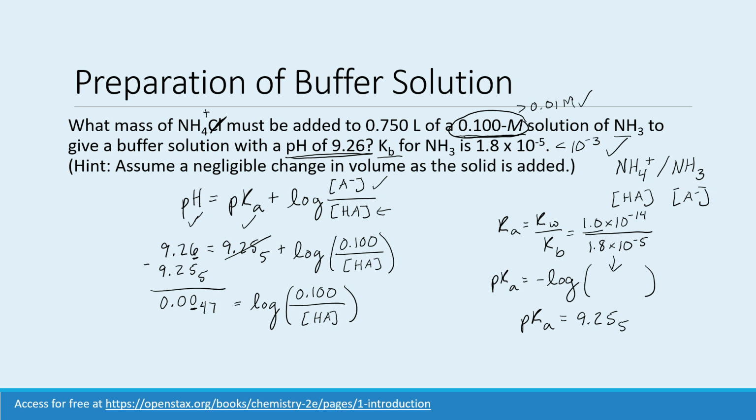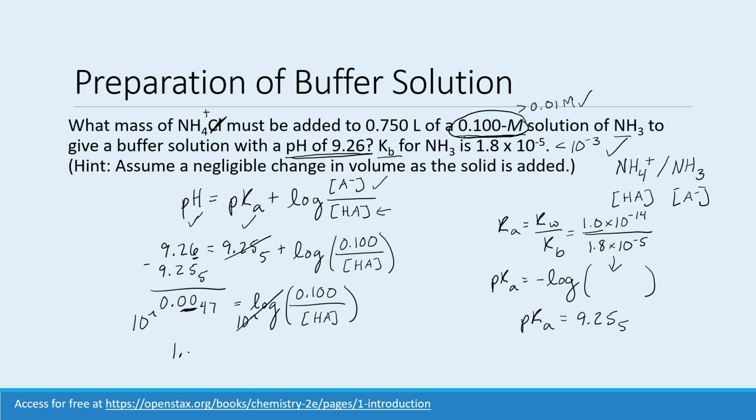And then, of course, to undo a log, we need to take the anti-log. And so we're going to take 10 raised to the power on both sides. And that removes the logarithm. And then 10 to the power of, remember when we're using these anti-logs, the number of decimal places that are significant, and so that's 2 decimal places out of significance, even though they're zeros, means that when I take 10 to that power, I'll get back 2 significant figures.